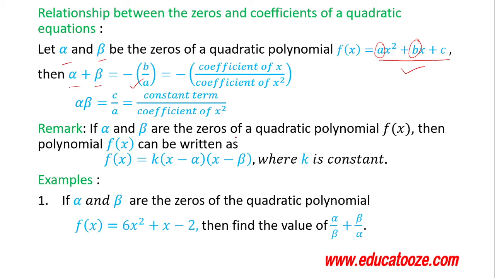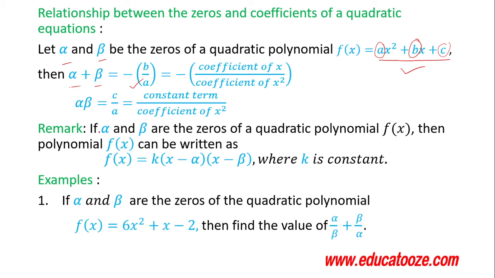Alpha beta is nothing but the constant term c divided by coefficient of x square, which is a. That is why it is c by a. So we get alpha plus beta equal to minus b by a, and alpha beta equal to c by a. This is the relation between roots and coefficients of a quadratic polynomial.